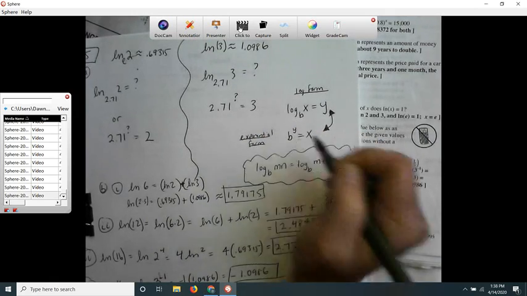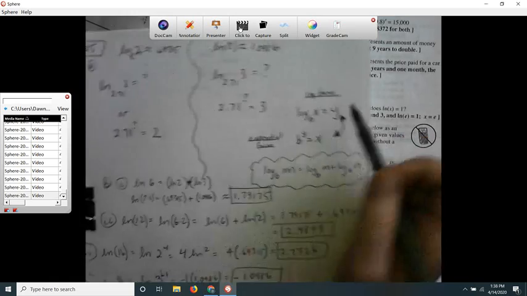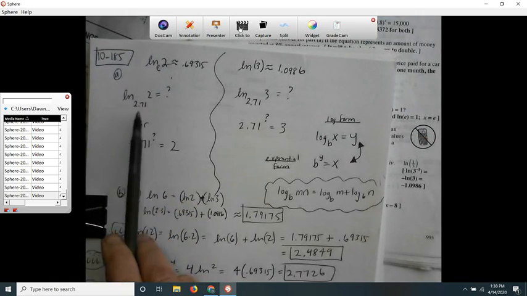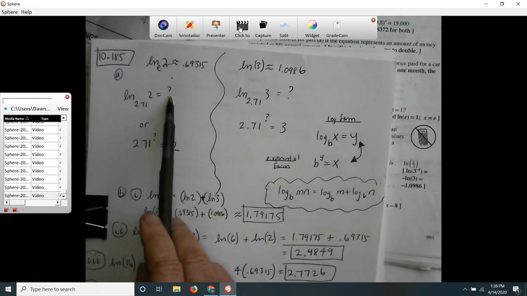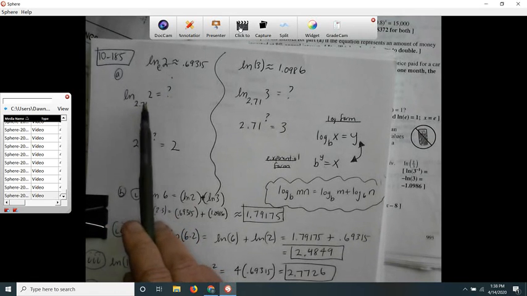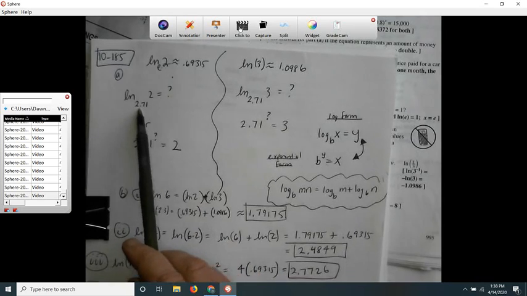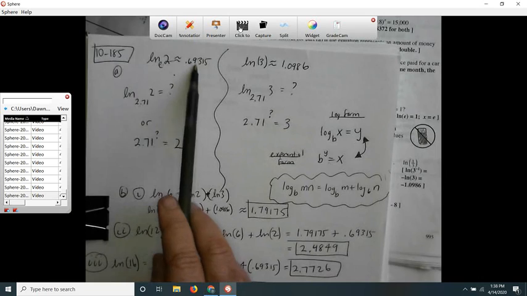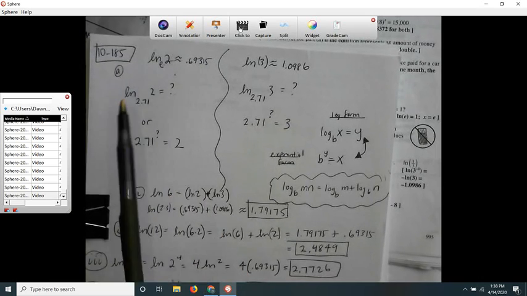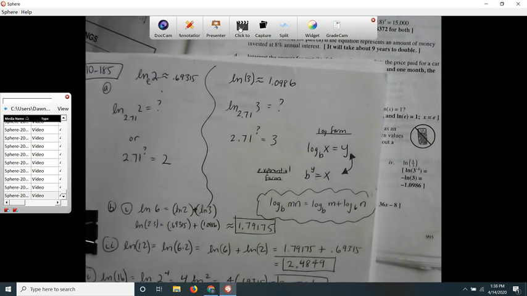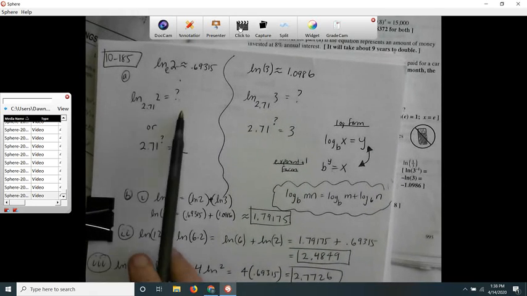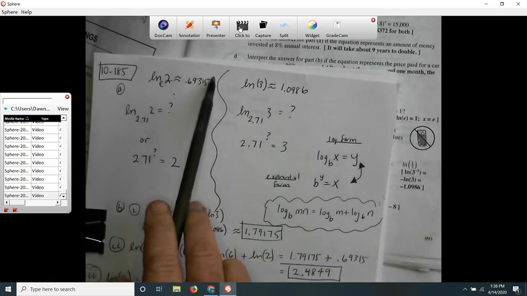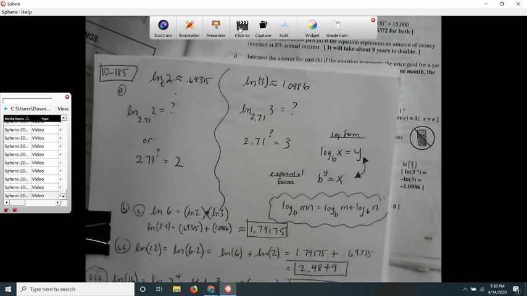So if I wanted to turn this into exponential form, I would take the base and raise it to some power. Actually, you can check this on your calculator. You can go 2.71 and raise it to that power, and it's going to end up equaling about 2. If you take e, which is 2.71, and raise it to that power, it's going to equal about 2.